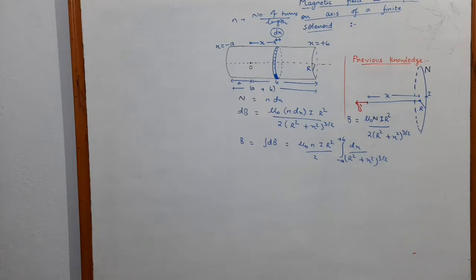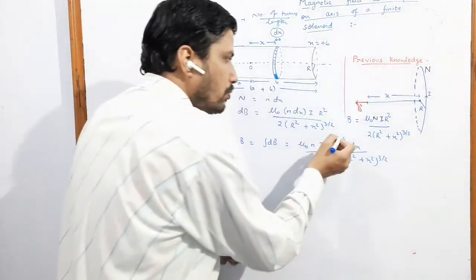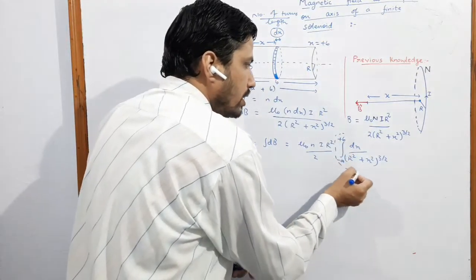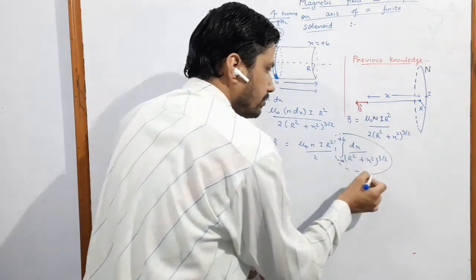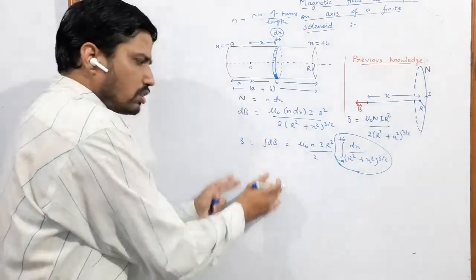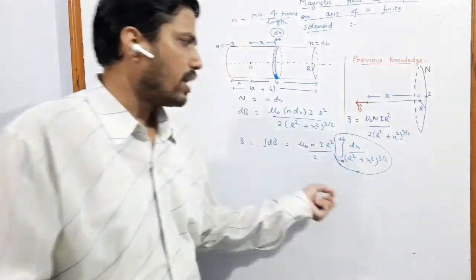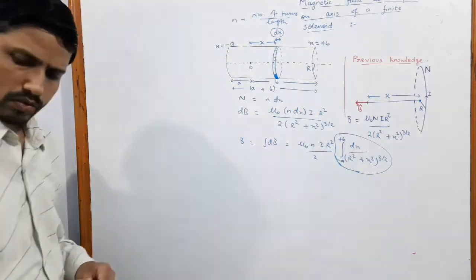Now our whole derivation is reduced to finding this particular integral. So instead of continuing this way, I will first find this particular integration. After finding it, I'll put it over here and then we'll get the value.